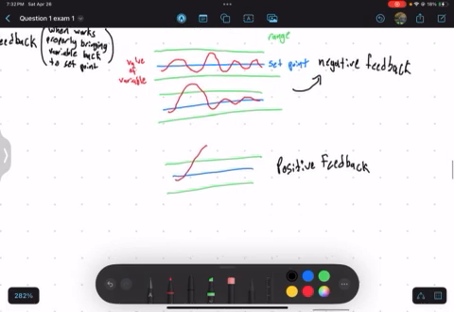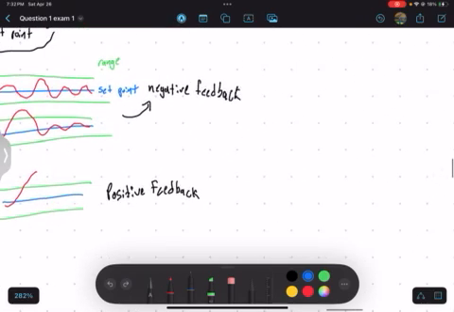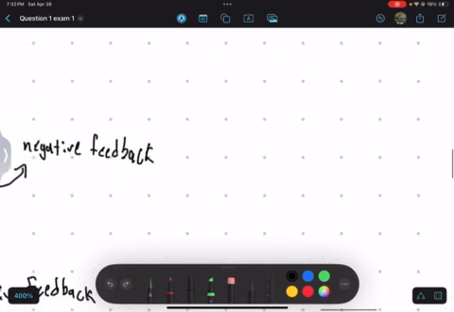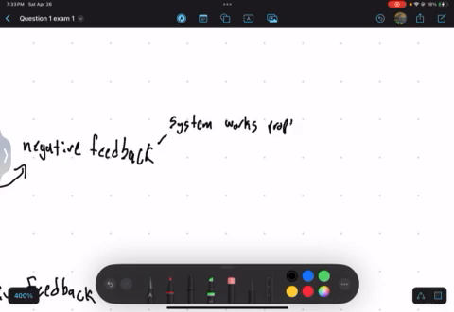Inadequate feedback is going to be whenever the system can't quite overcome and compensate for the stimulus that is affecting the variable. And I'll give examples of each of these right here. Such as negative feedback is where the system works properly.